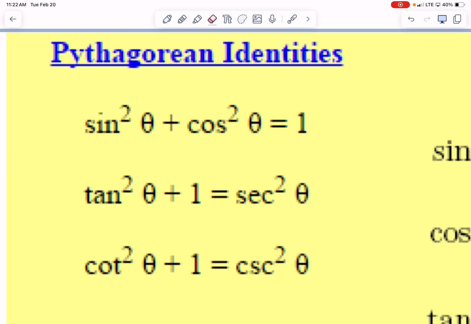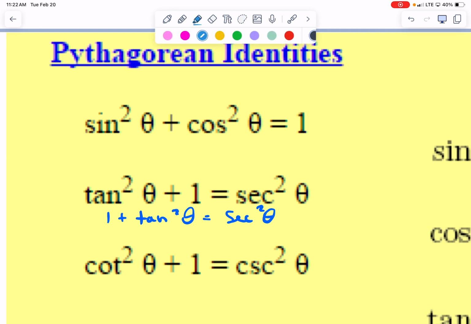Sine squared plus cosine squared equals 1. That's easy peasy lemon squeezy. I like to think of this next one in a different sense. I write it as 1 plus tangent squared theta equals secant squared theta, and I like to think of it by an acronym, ITS.